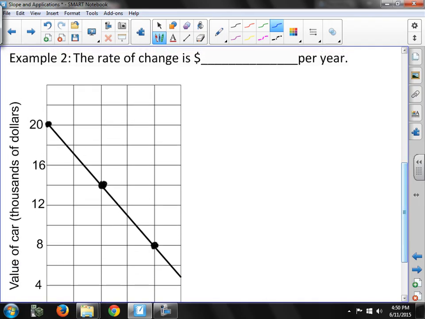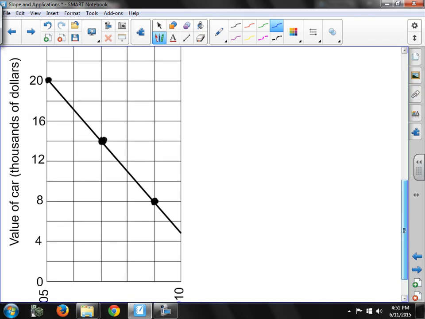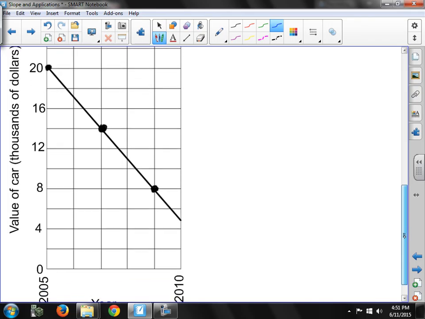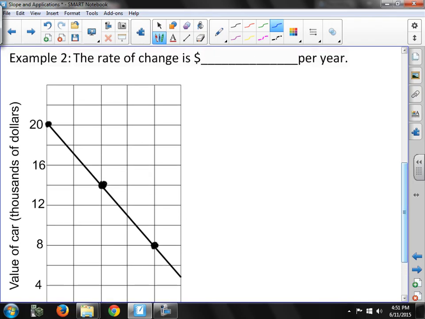Okay, example 2. Here we have a graph that demonstrates the value of a car over time, over years. And we all know that when we buy a car, it depreciates every year in a dollar amount in value. So let's consider 2 points on the line. And remember, rate of change also means slope.